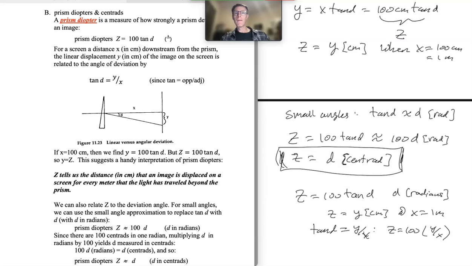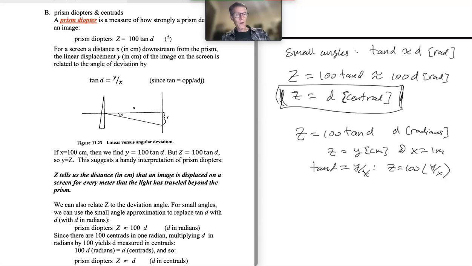The only thing to worry about there is that the y and x values would need to be measured in the same unit so that the units cancel and we get a reasonable result. Then, if we're working with small angles, where we can use the small angle approximation, the prism power z is approximately equal to 100 times d, because tangent d is just d. Again, that would be d measured in radians.